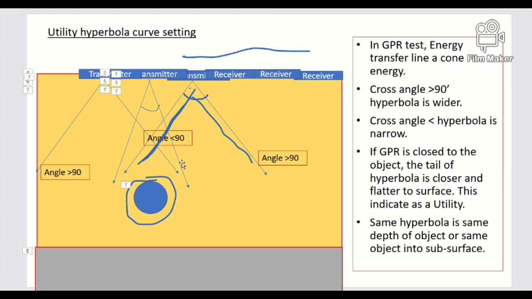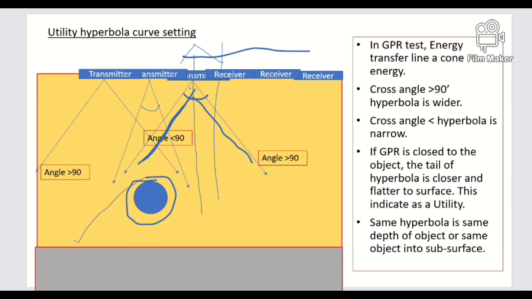If the transmitter goes in this direction, the utility gives a wider utility curve.